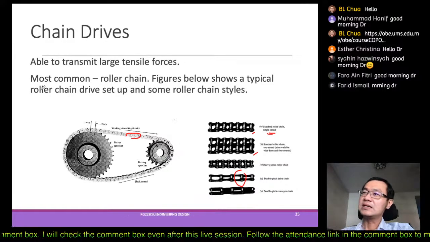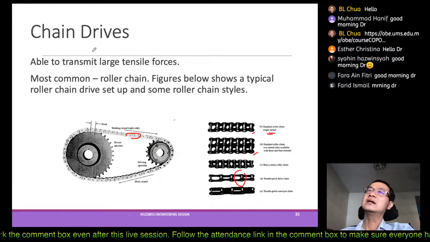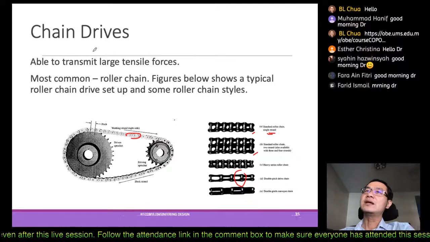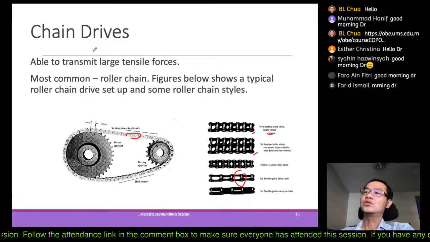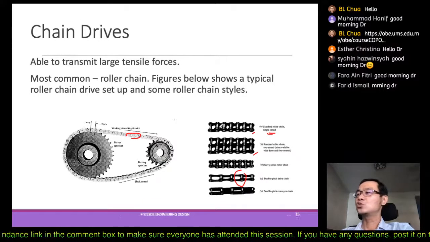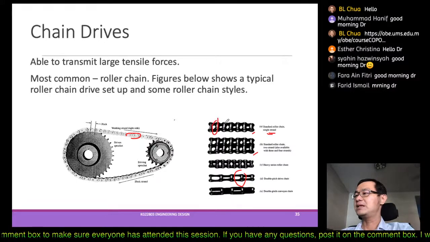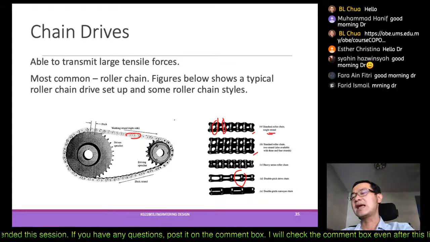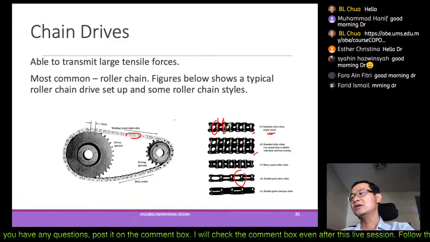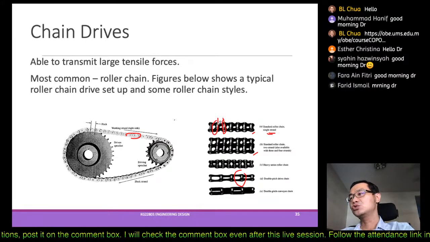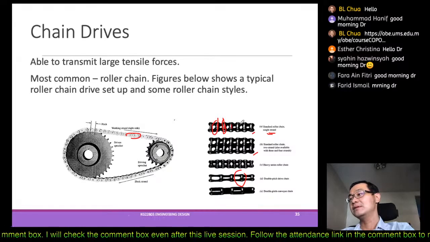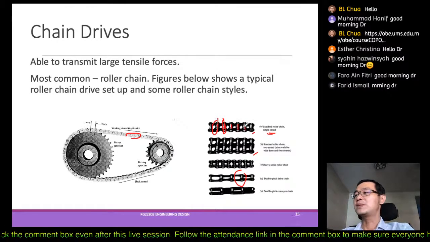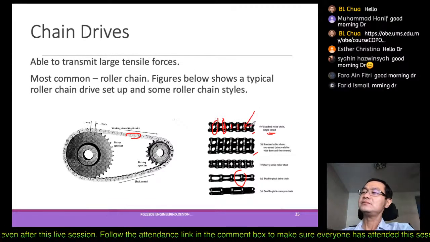So in the chain drive the main driving part is not through friction, but through this pin, right? So the force is transmitted, like a gear, to the chain through this. So this pin is important.